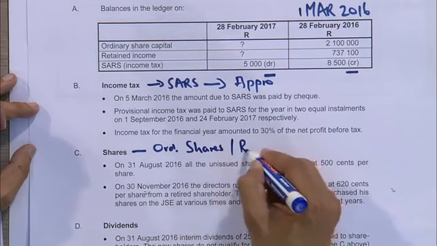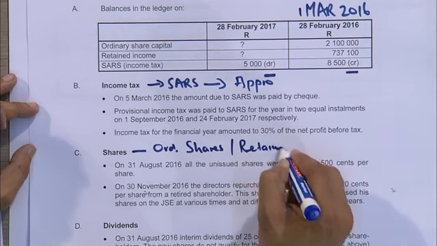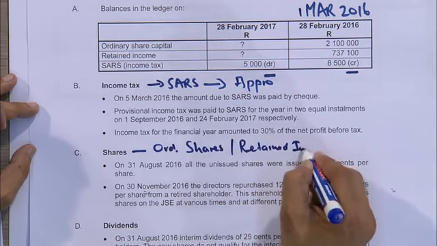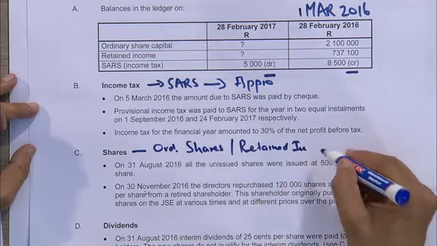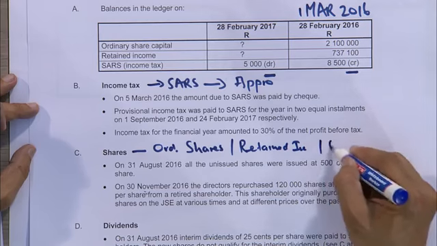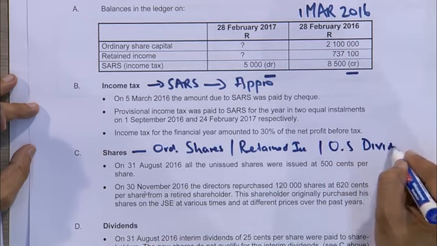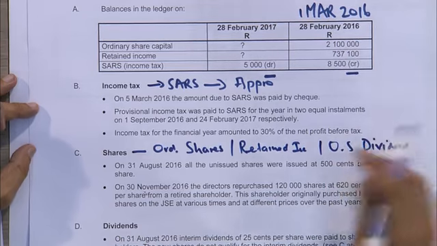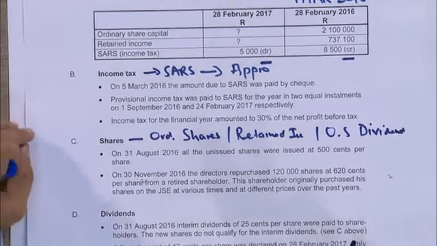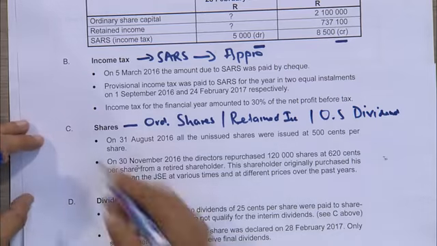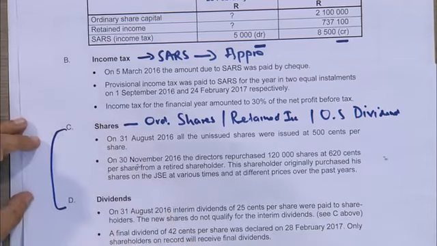It will affect the retained income. And it will affect the dividends. So this part is very important for us to do, right? So C and D eventually will be part of it.